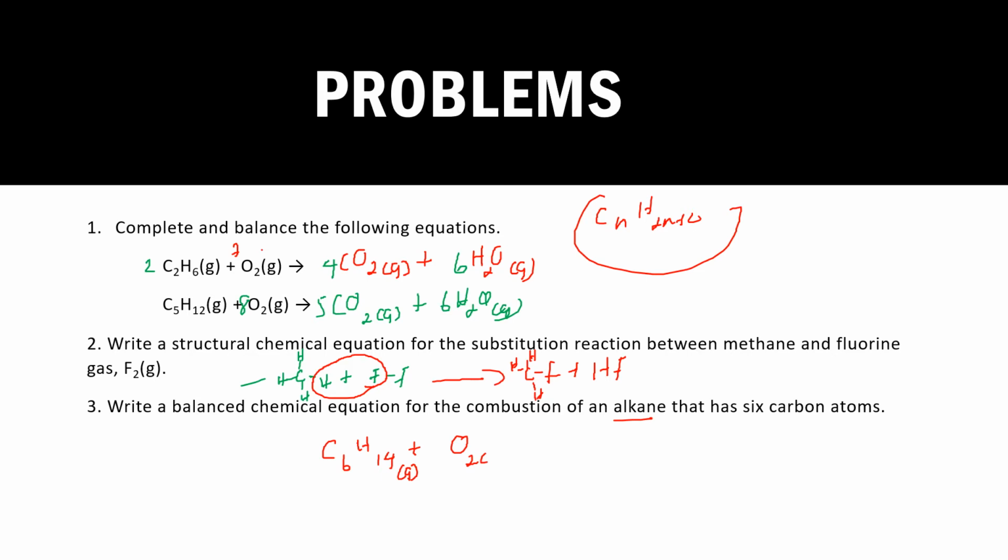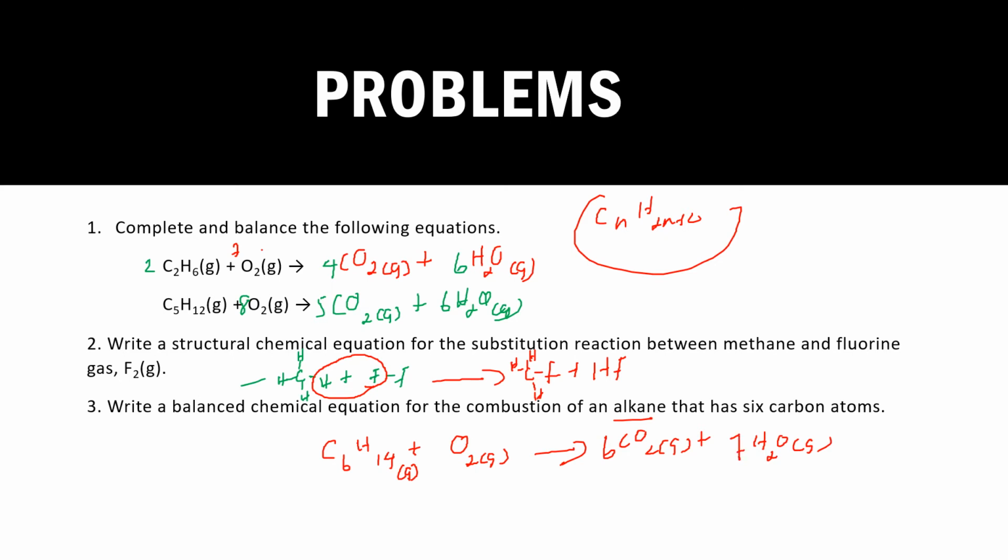Combustion, O2 gas, carbon dioxide gas plus water vapor. So now we balance: 6 carbon, hydrogen 14, therefore 7.